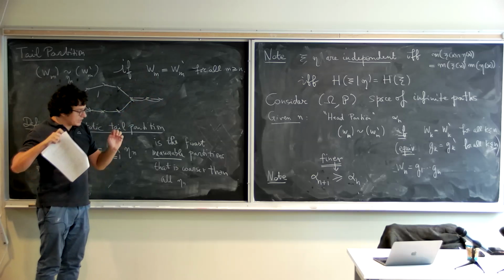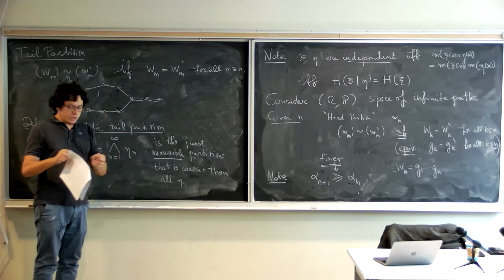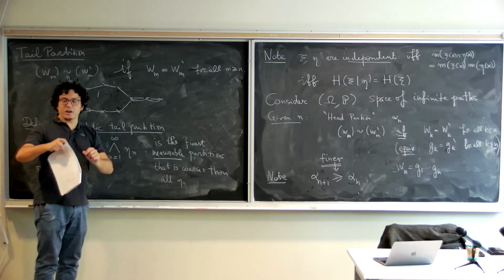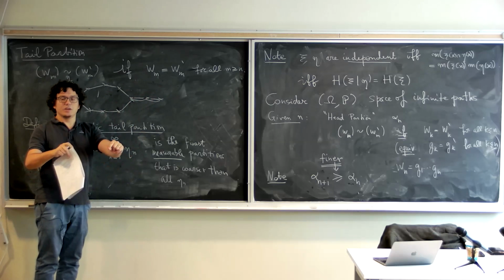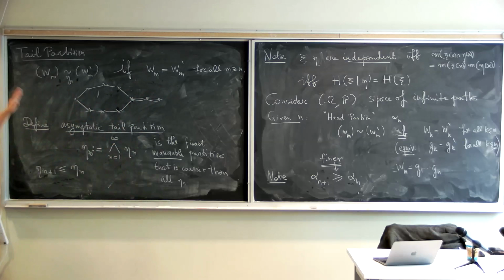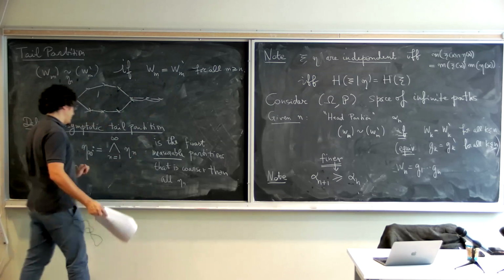The definition that I gave you before allowed two paths to coincide in an asynchronous way, after a different number of steps. But it turns out that for groups, only for groups, the two definitions are equivalent. In particular, this one is a synchronous tail partition.